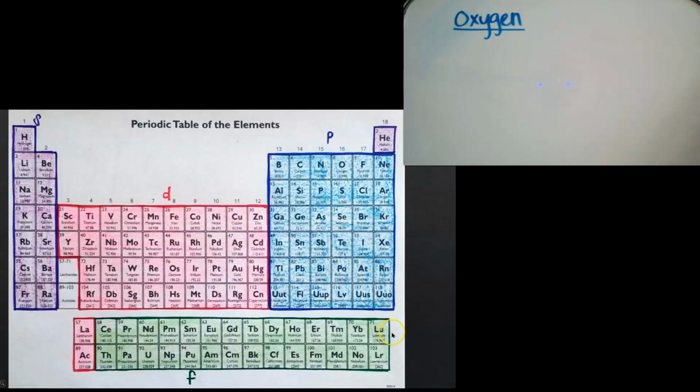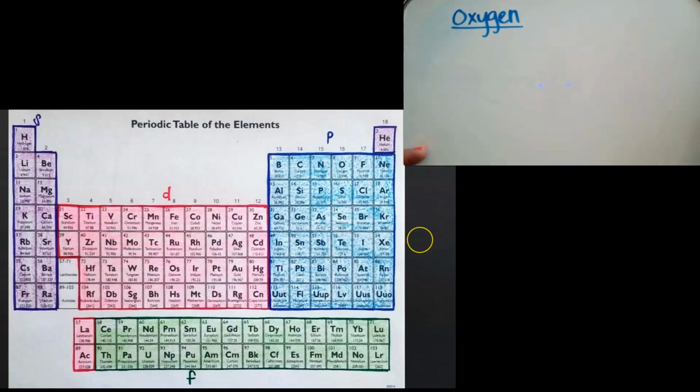So this is a colored in version of that same periodic table. We are looking right now at oxygen, atomic number of 8, O, right here, and O is located in which block of the periodic table? The P block, correct. So if we were going to do the electron configuration for oxygen, remember, it has the exponents or the superscripts.